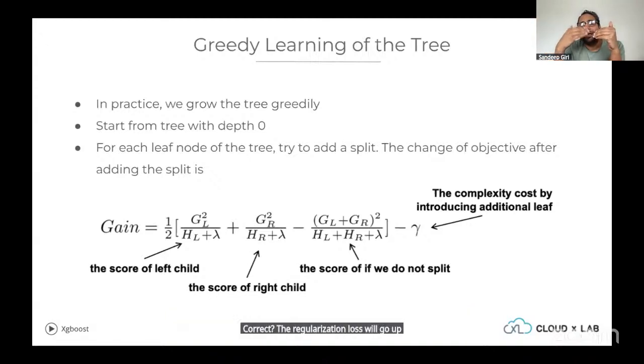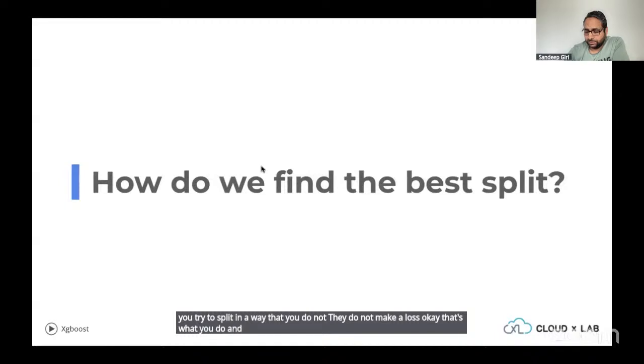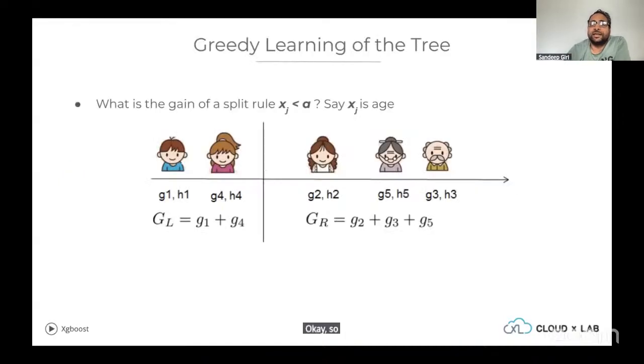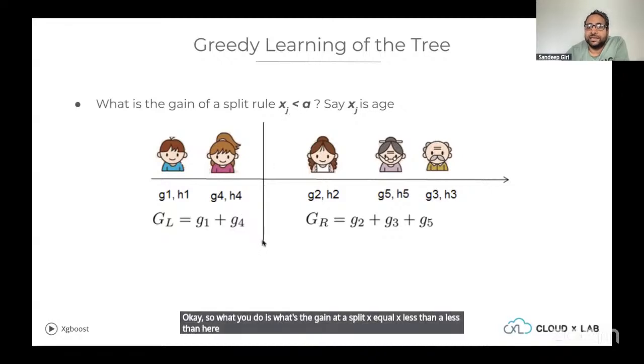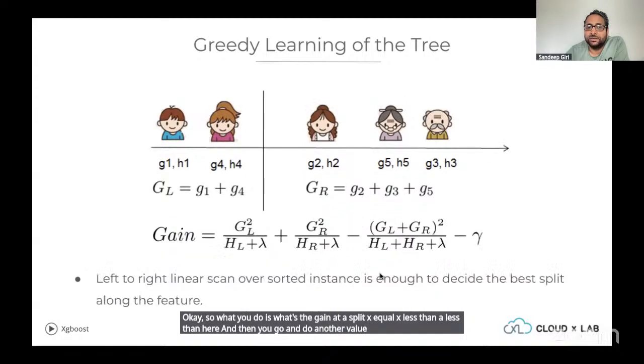Therefore, at every point, you try to split in a way that you do not make a loss. That's one way to find it. So what's the gain at a split x less than a, less than here, and then you go to another value and check whether that makes sense or not, and so on.